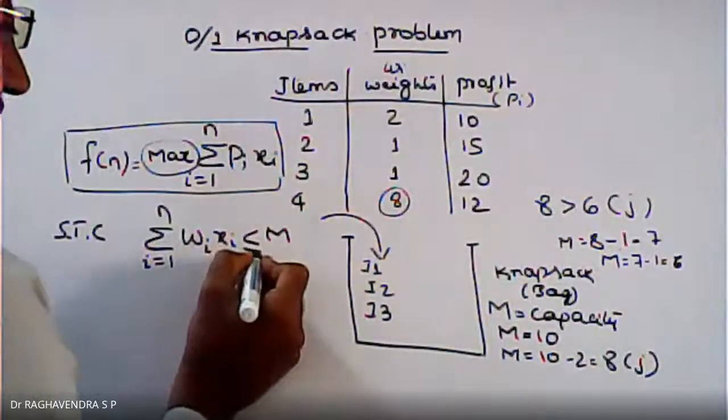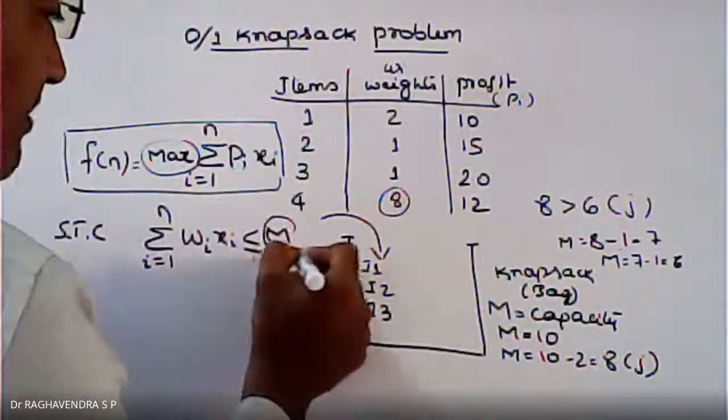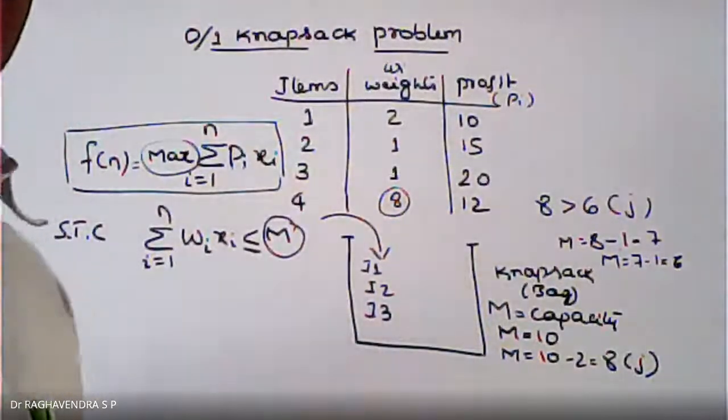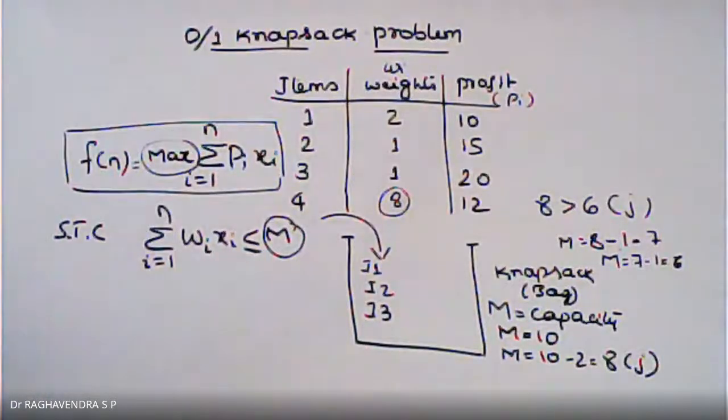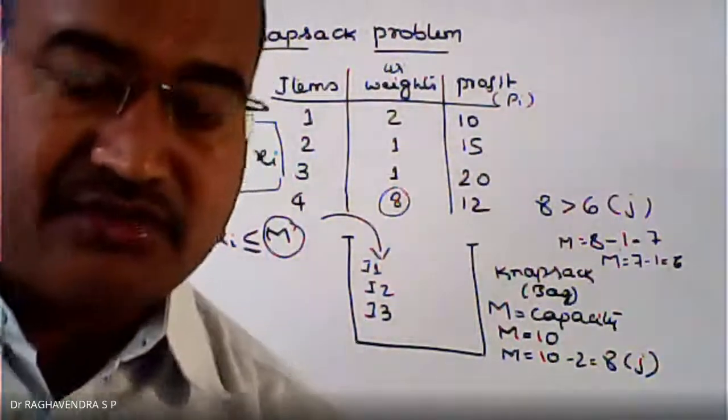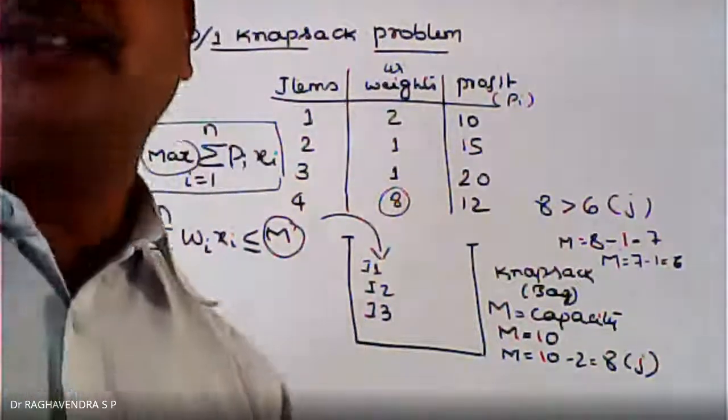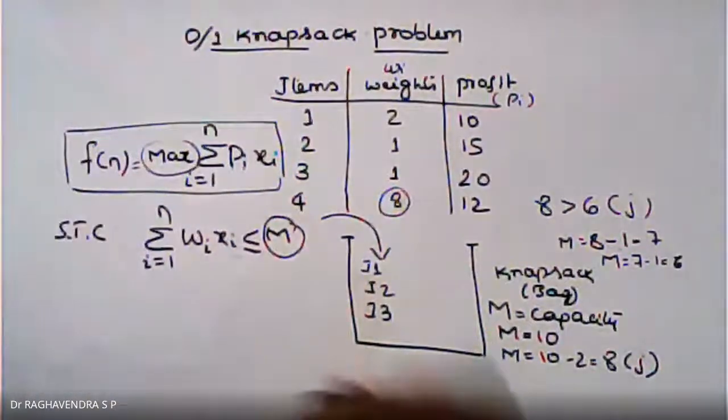They are always less than the total capacity of the knapsack, because M represents the total capacity of the knapsack. So this is all the introduction for this knapsack problem.